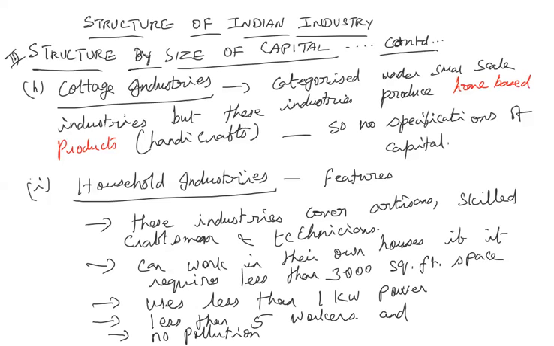Then the next category of industries is based on the type of enterprises. The fourth one is the structure of industries, structure by type of enterprises.